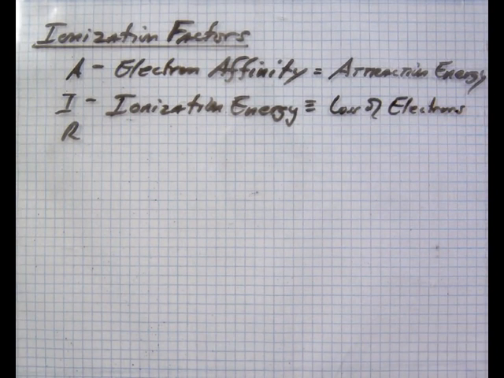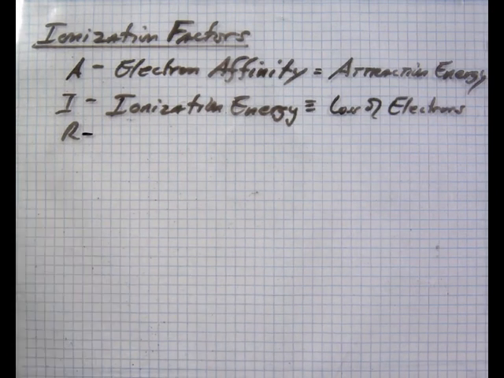Essentially, the nucleus is like a long rope tied to an electron, holding on to that electron. The closer it is to the nucleus, like gravity, the closer we get to the Earth, the stronger that pull, and it takes a lot more energy to knock that electron out. So that's what we're looking at here when we get to that part. The loss of electrons requires a lot of energy depending on where that electron is.